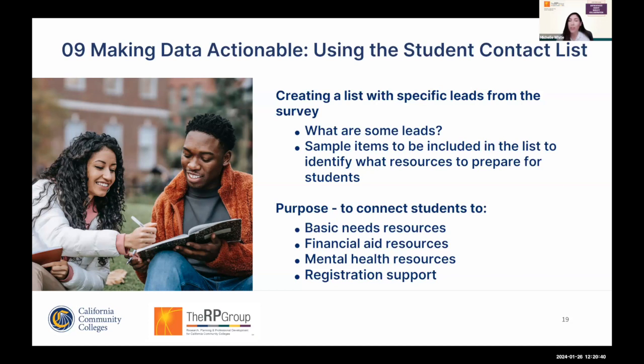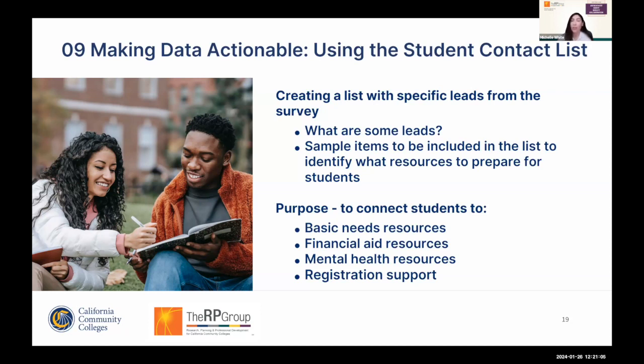But one of the advantages in collecting that contact information and being able to disaggregate by college is that the data becomes much more actionable and specific to our institutions. So findings from your local analyses are applicable to your student populations. When colleges are evaluating their local survey data, it can be helpful to create a list with specific leads based on what students are saying they need.